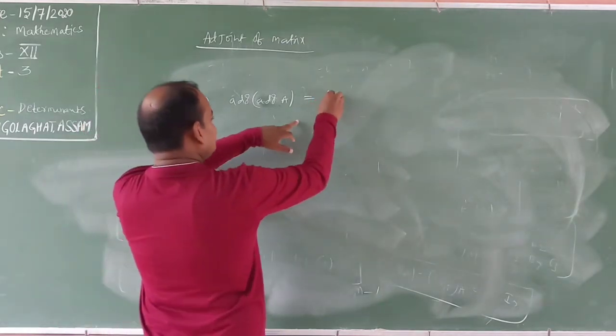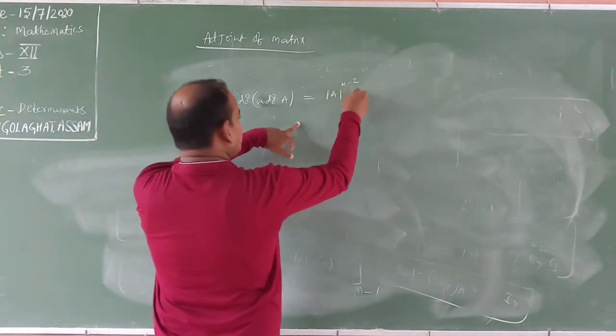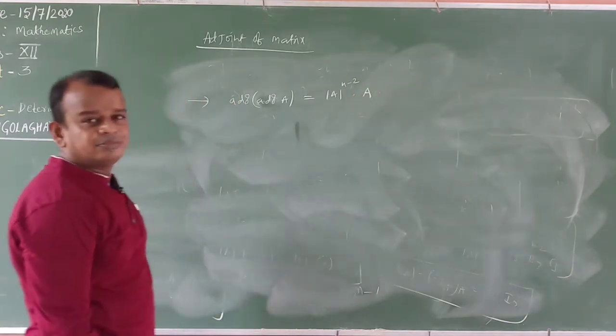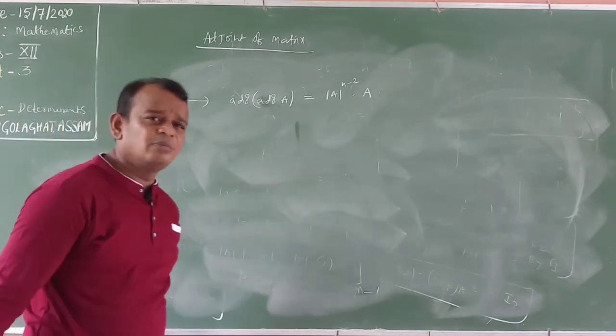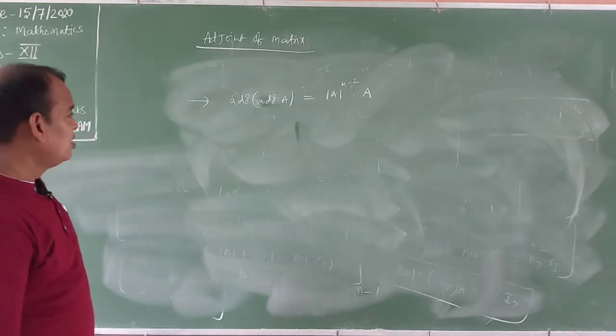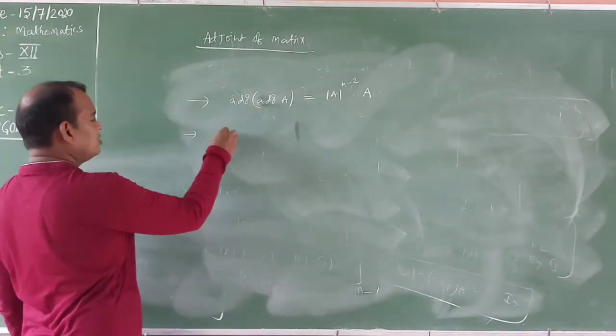That is nothing but det A power n minus 2 into A. That is the value. It also has a proof, but it is not needed at our level. Now how do we find this? What is the adjoint of this one?